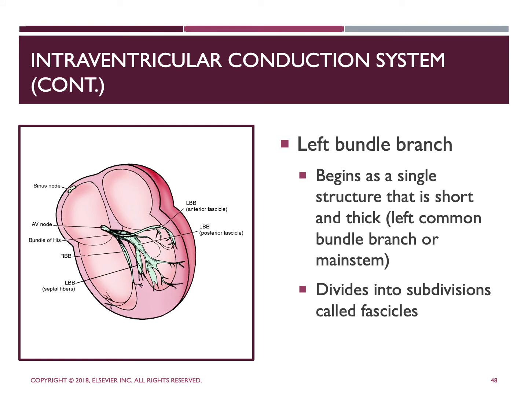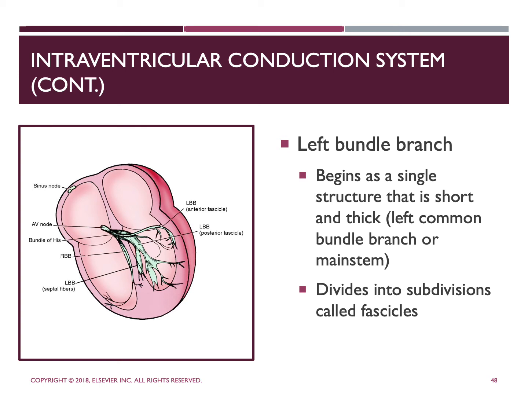The left bundle branch begins as a single structure that is short and thick and then divides into two subdivisions called the anterior fascicle and the posterior fascicle. The anterior fascicle spreads the electrical impulse to the anterior portions of the left ventricle. This fascicle is thin and vulnerable to disruptions in electrical impulse transmission.